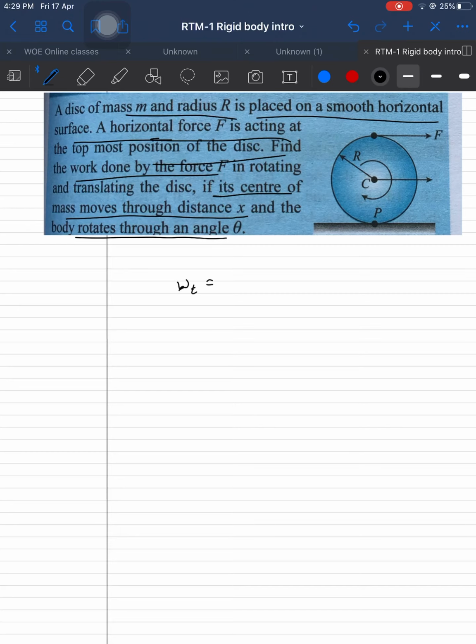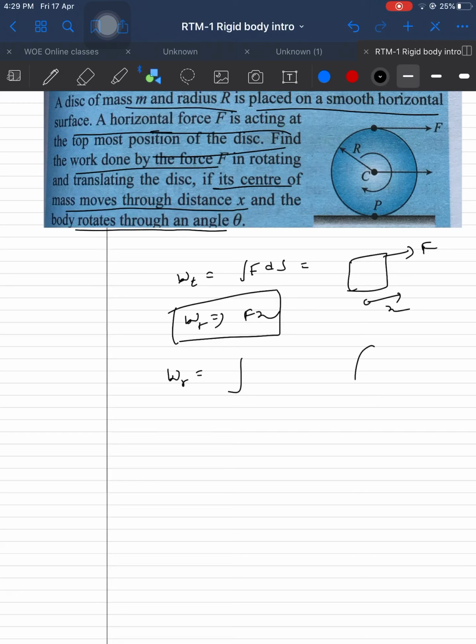Work done in translatory motion is equal to integral F ds. For translatory motion, F and displacement is x, so the work done is F into x. Work done in rotational motion is integral tau d theta. We have to draw the free body diagram carefully.